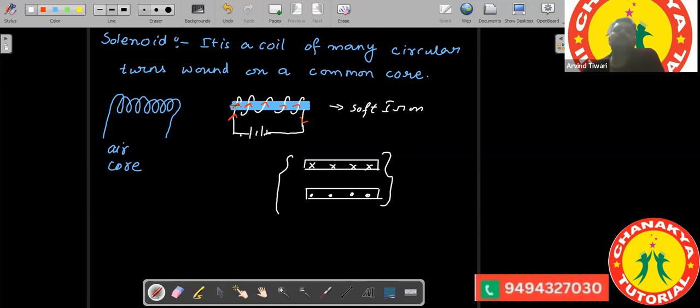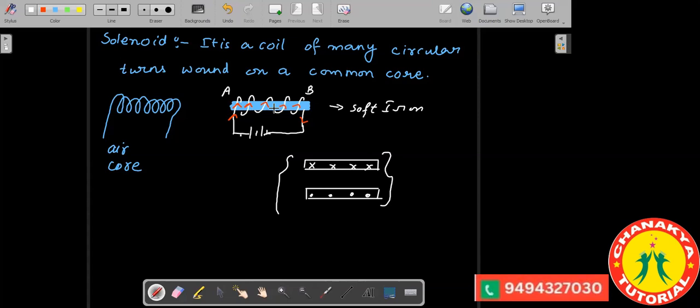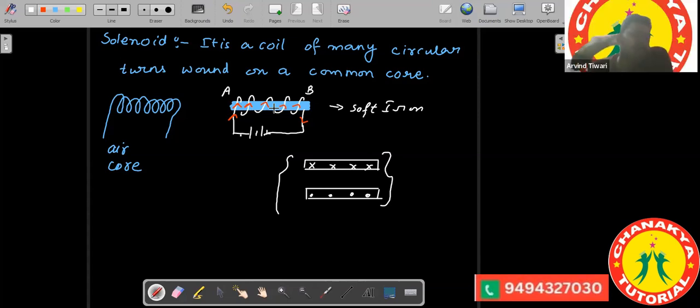Let me mark this end as A and this end as B. What is the direction of the magnetic field lines inside the coil near this first turn? Is it from A to B or from B to A? A to B. Check it out with your Maxwell rule.